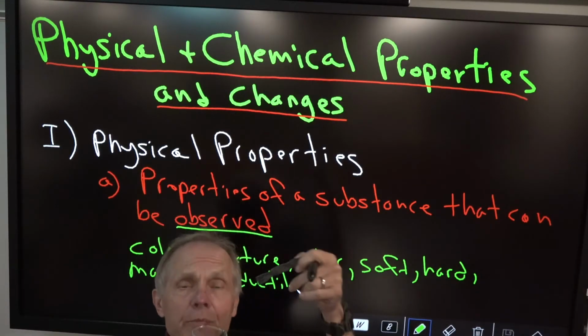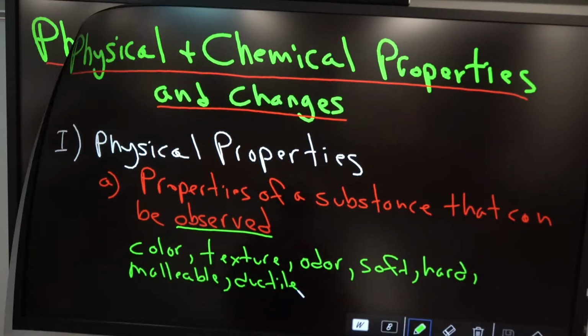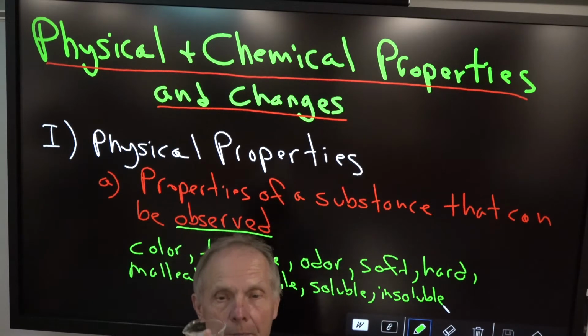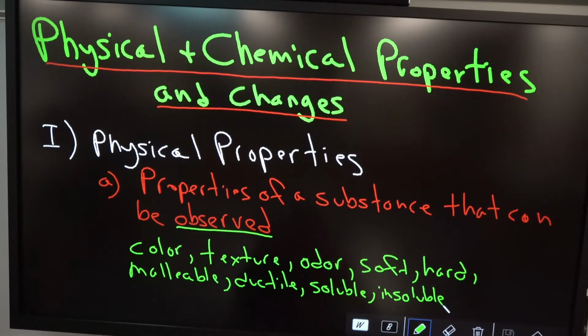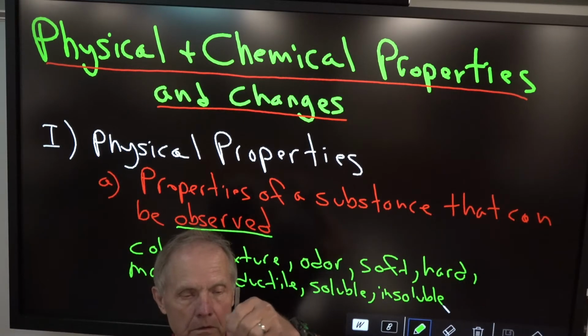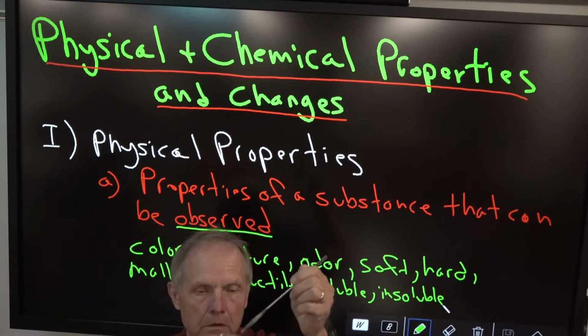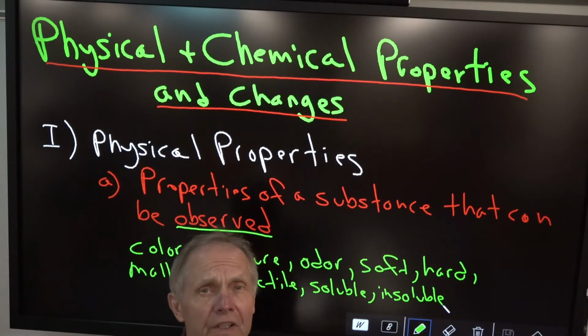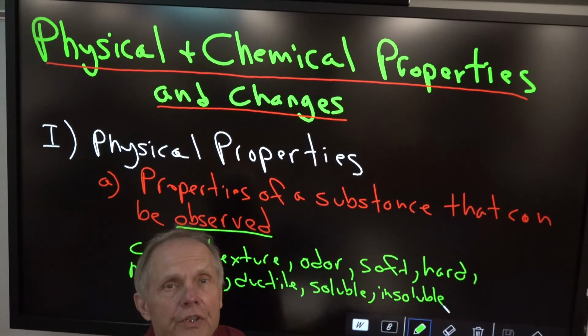Is it soluble? Does it dissolve? So we put some ionic compound, which is salt, in here. And it dissolves. And one of the final things is, does it conduct electricity or not?